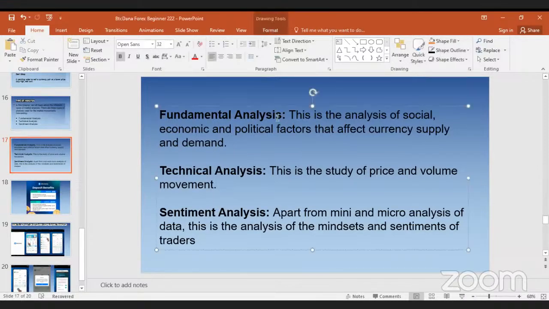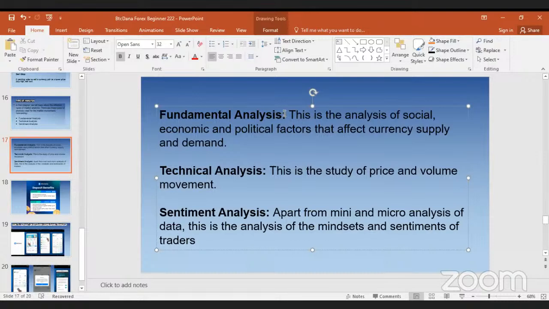Let me give you a brief explanation of the fundamental analysis again. I'm sure we all heard what is going on in Niger, the Republic of Niger. We are in Nigeria now, and we all heard what is going on there. Their economy is very down right now.